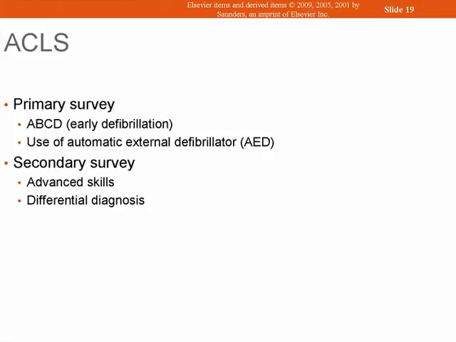With ACLS, you actually have a secondary survey where advanced skills and techniques are used, and you want to do differential diagnoses and correct any underlying issues so that you can halt the progression of patient deterioration and cell death.